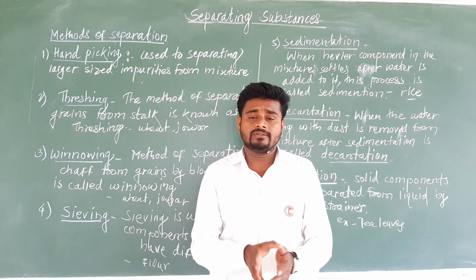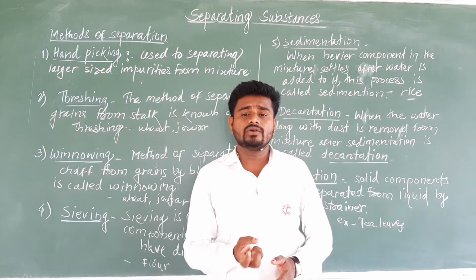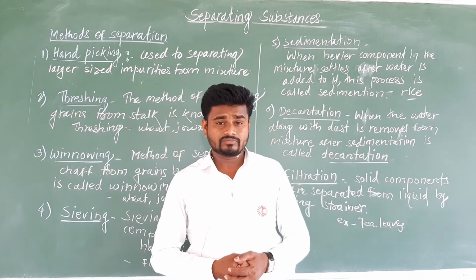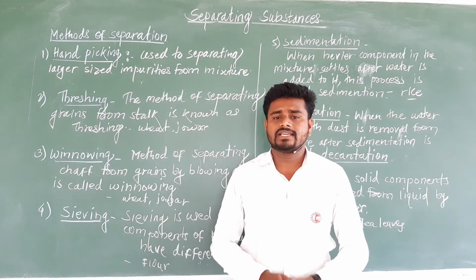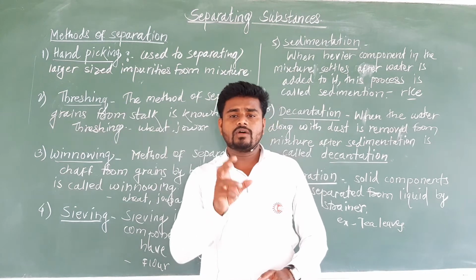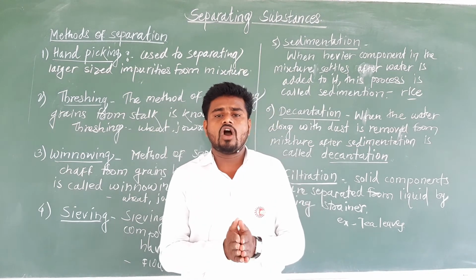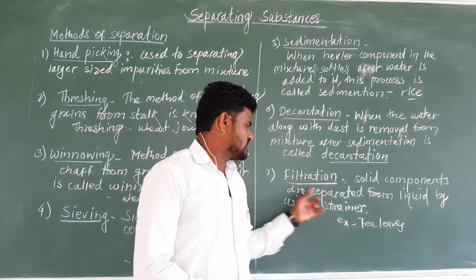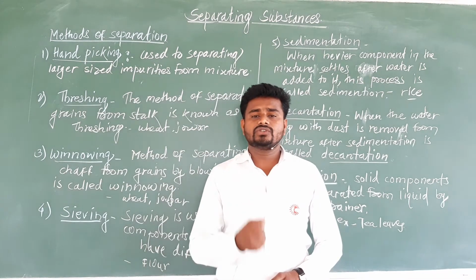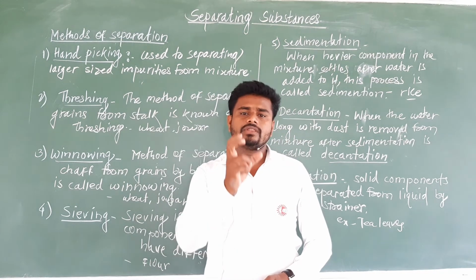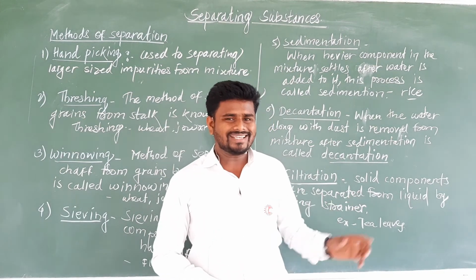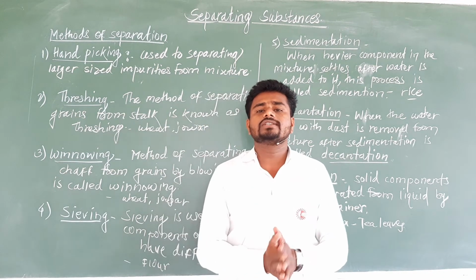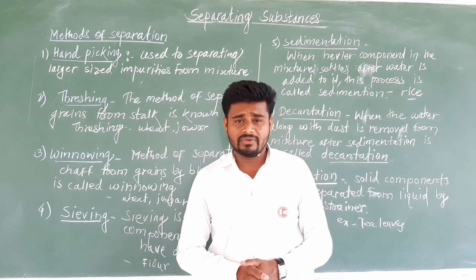Such a method of separating solid components from liquid components is called filtration. Filtration is done with filter paper or a strainer. Filtration is used to separate solid substances from liquid mixtures.